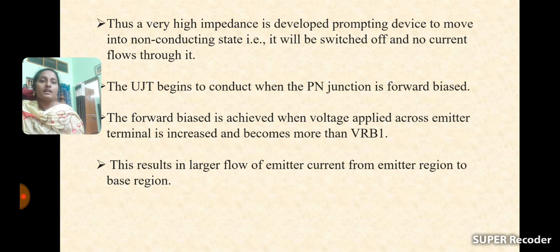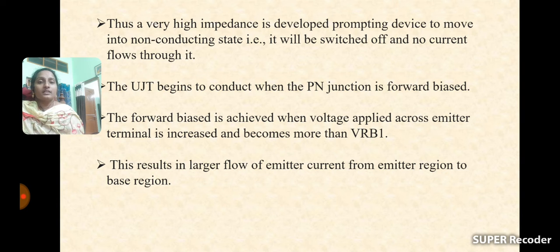The forward biasing is achieved when the voltage applied across the emitter terminal is increased and becomes more than VRB1.